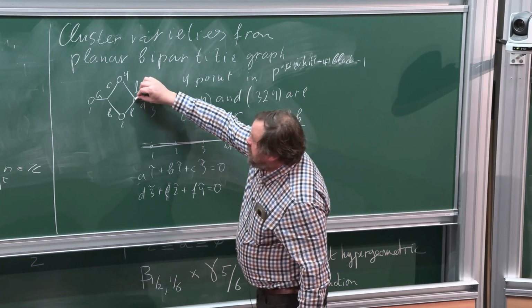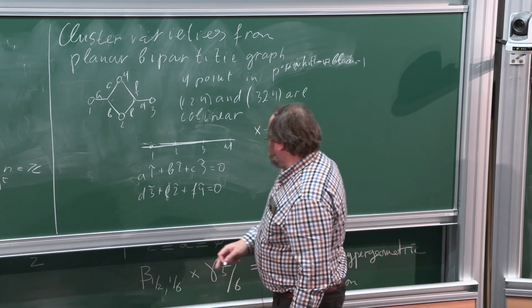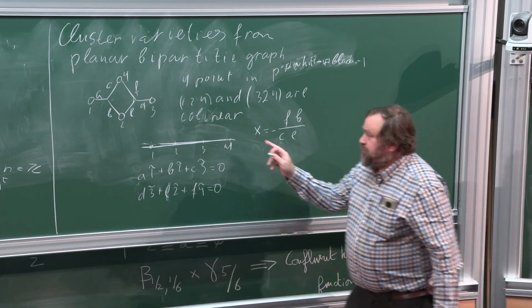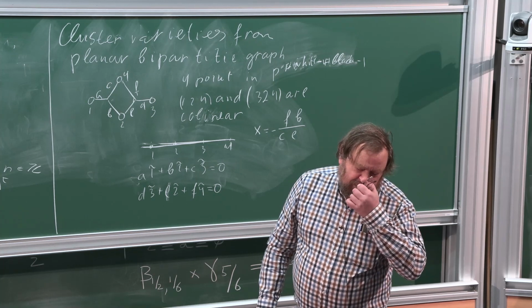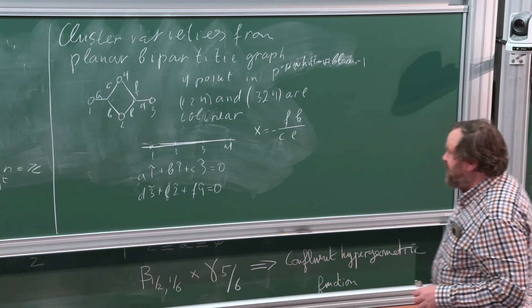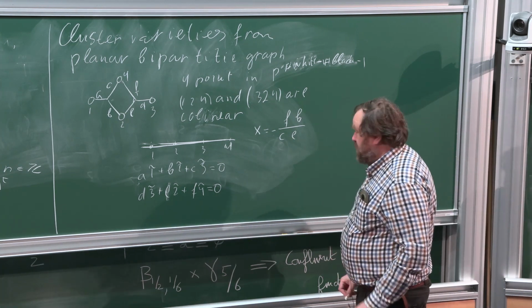Every time you go from black to white, you multiply. If white to black, you divide, and if the face has 2n plus 2 sides, there is some sign, which is not very important. So this is the coordinate.